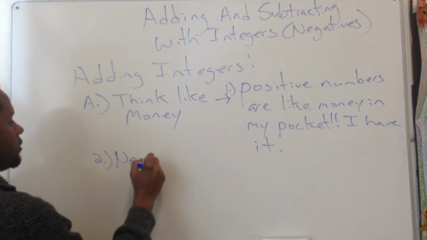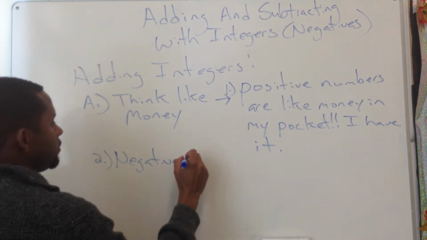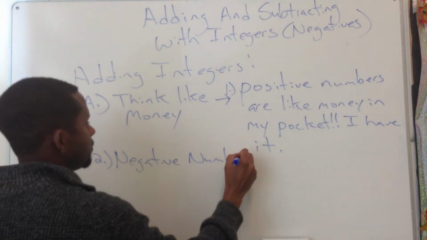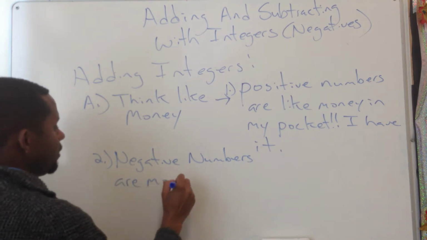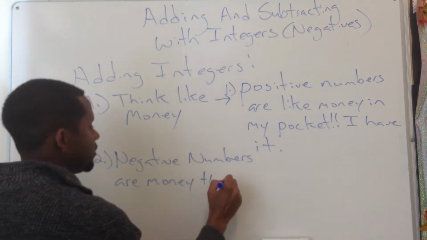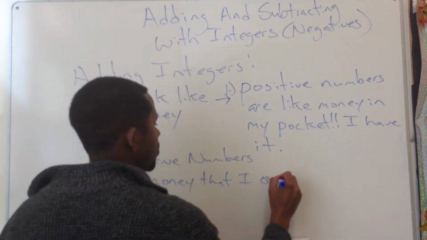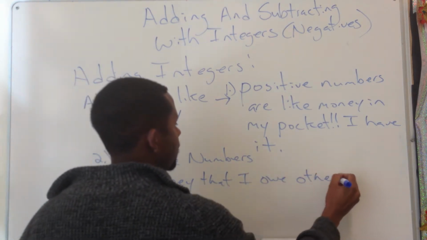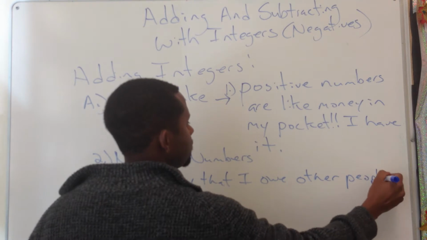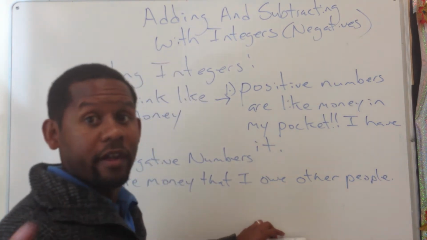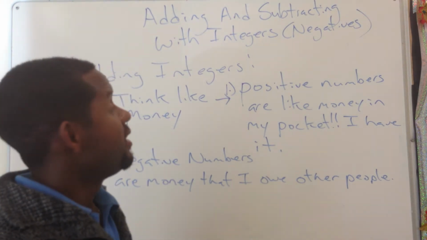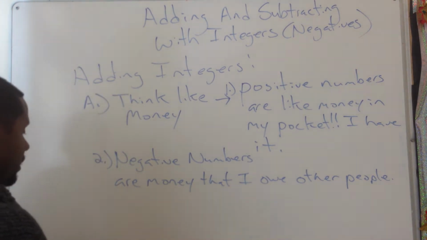Negative numbers are money that I owe other people. Okay? So, if you can think about it this way, it makes your life a little bit easier.